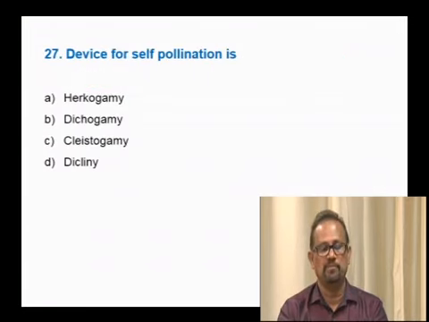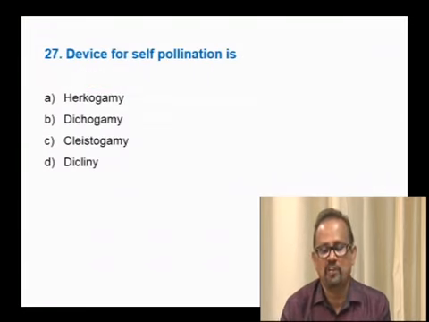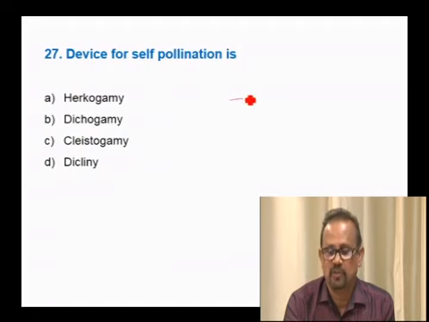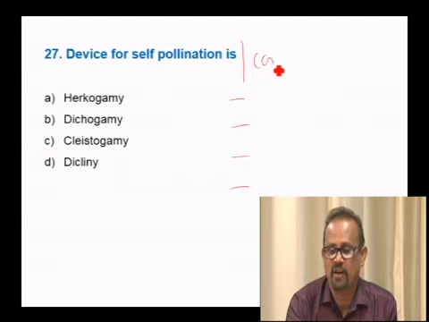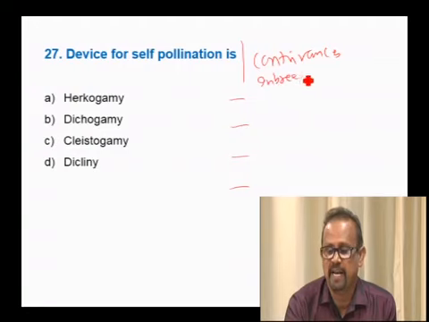Next question. Device for self pollination is, so for self pollination to occur we can also call it contrivances for self pollination, or you can also call it inbreeding devices.